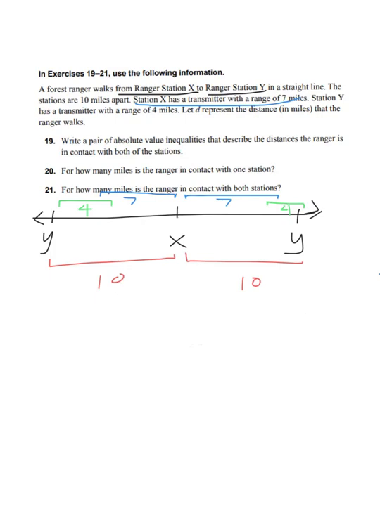And so you want to set up a pair of absolute value inequalities that describes the distances the ranger is in contact with both stations. So they're talking about contact, they're talking about the transmission distance.